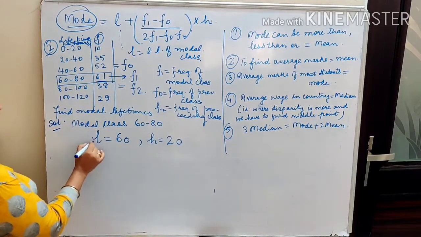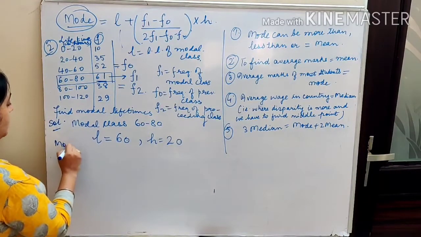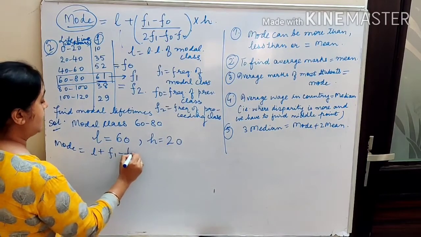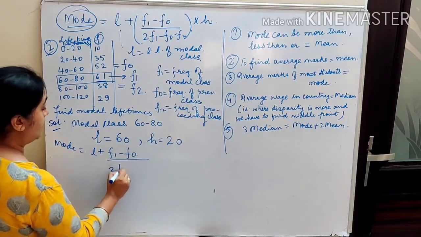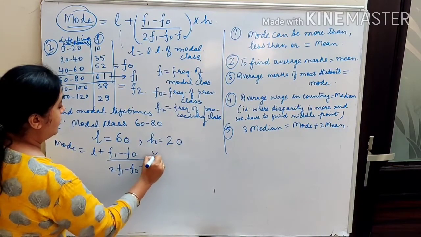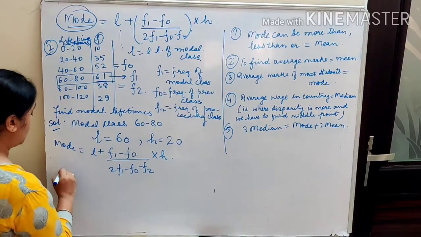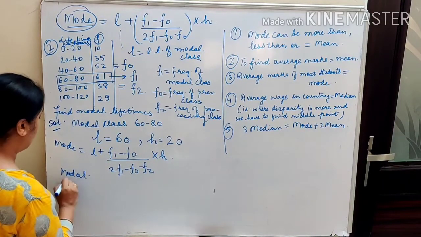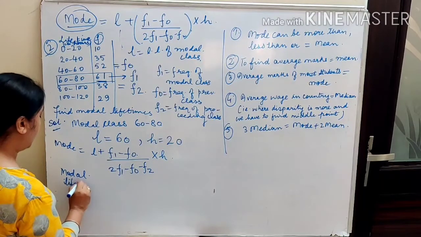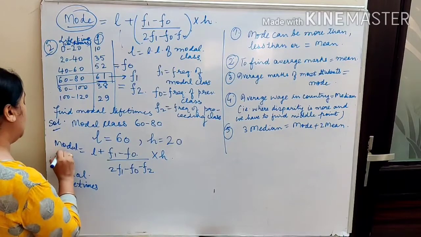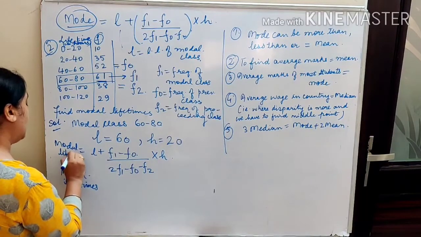Now you have to calculate it. Mode is equal to L plus F1 minus F0 upon 2F1 minus F0 minus F2, into H. What will we write in place of mode? Whatever is being asked in the question, the modal lifetime.